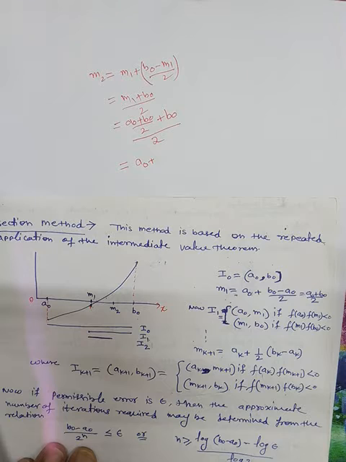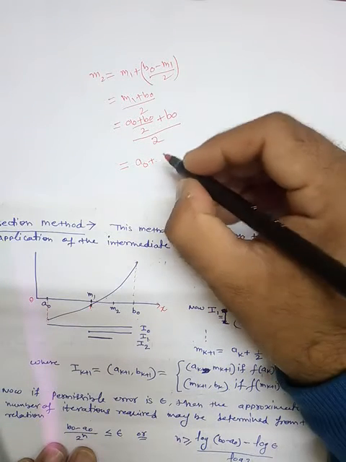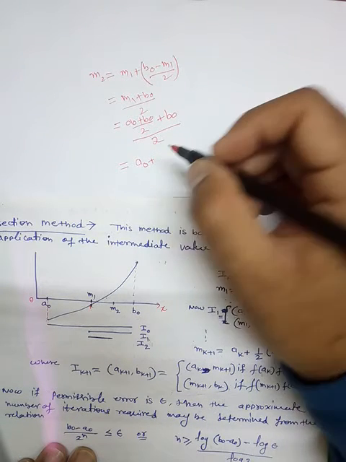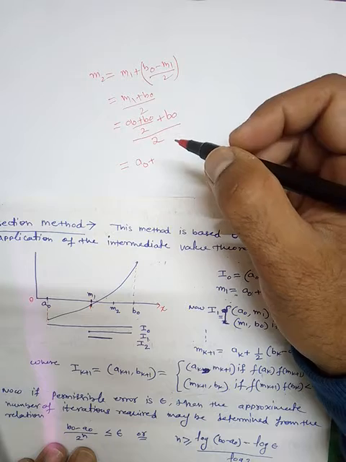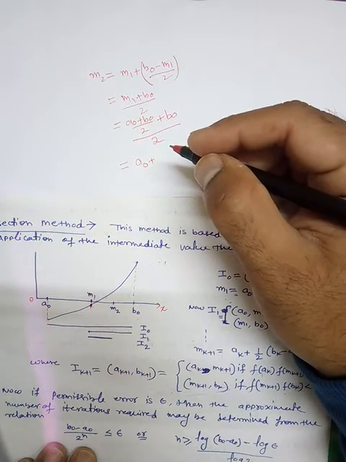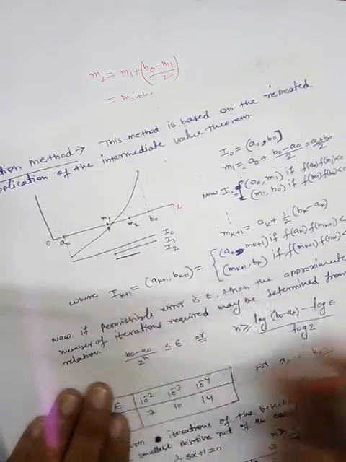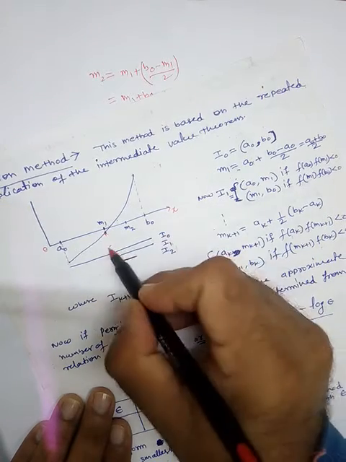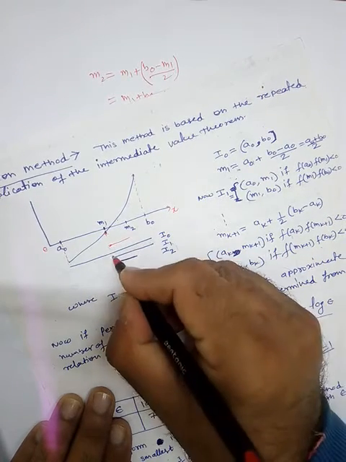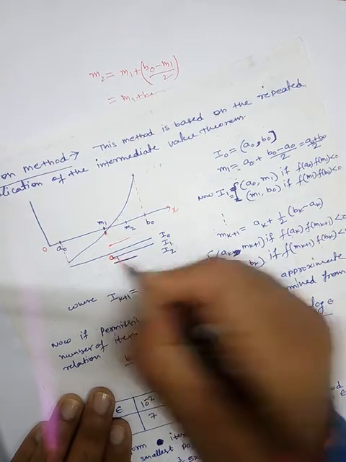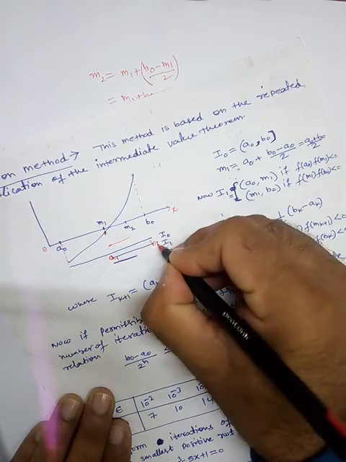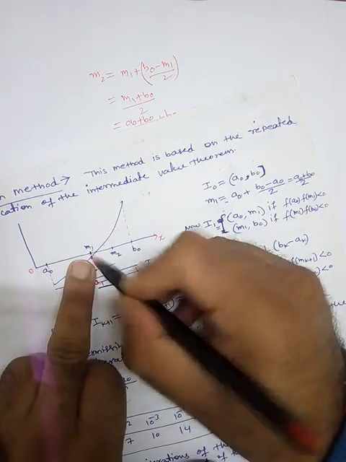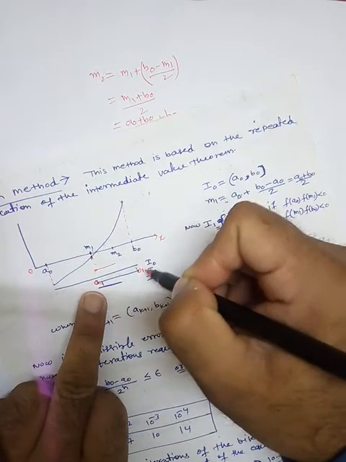A0 plus, because we want to write down the general formula. Here, in the next interval, this point we have selected, this interval, this is say A1 and this is say B1. We have renamed this M1 as A1, B0 as B1.